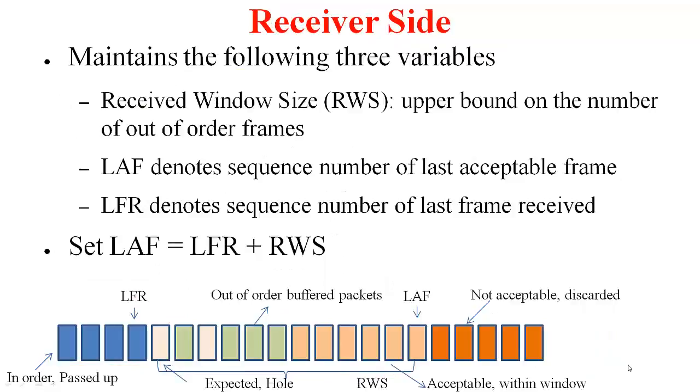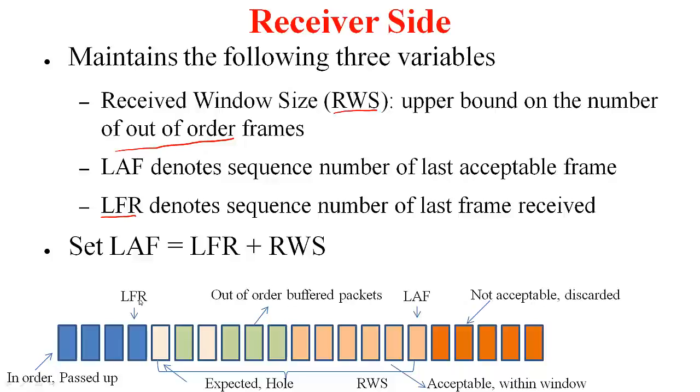If the sender can maintain a window, why not the receiver? So the receiver also wants to maintain a window here. The receiver window size is called RWS. This provides an upper bound on the number of out of order frames that the receiver is willing to accept. Again, a bit of terminology. Let's start here. LFR denotes the sequence number of the last frame received.